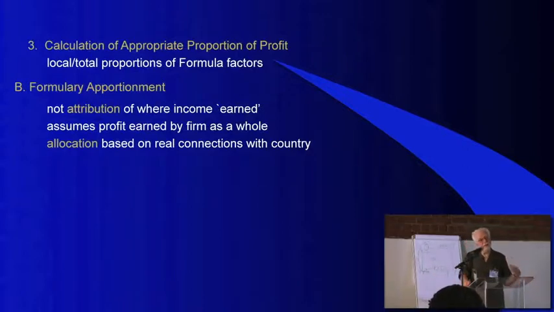But what it means then is instead of attributing the profit, you apportion it. So it says you can't say where the profit is earned. An illustration might be now the issue that we have with Amazon. Amazon in Europe has established a sales affiliate in Luxembourg, which obviously does enormous sales in all European countries.